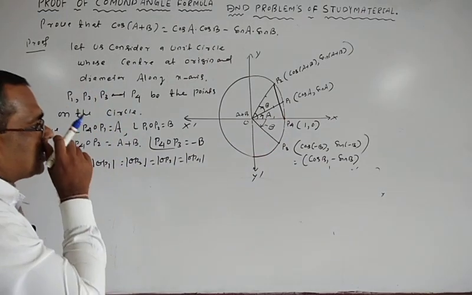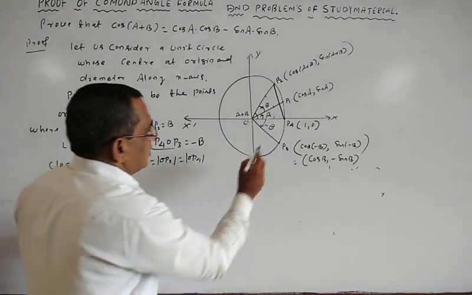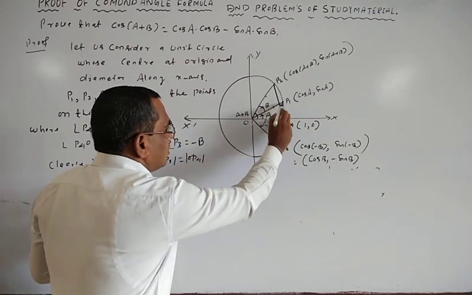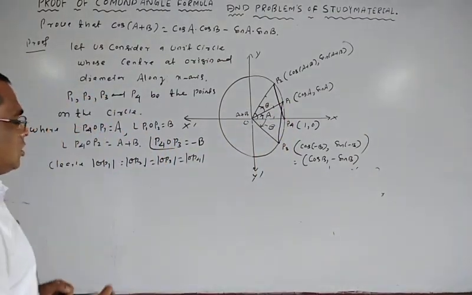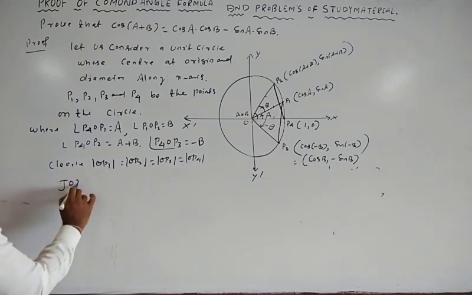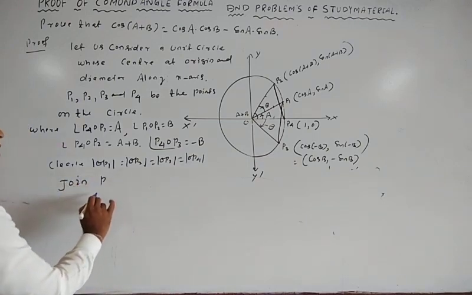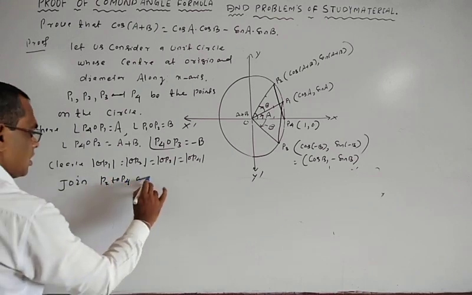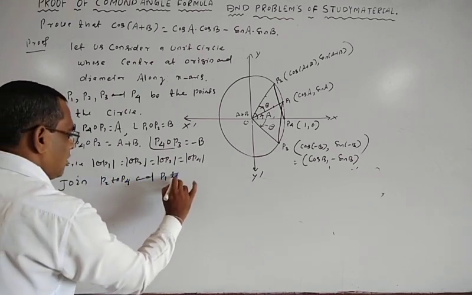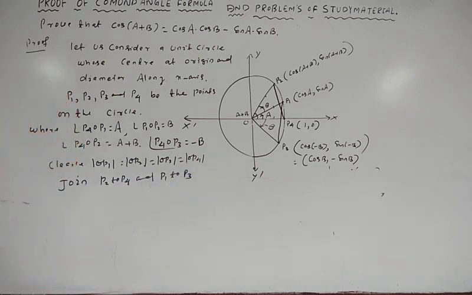Okay, this is a triangle. Now we join this point P1 to P3. So we join P2 to P4 and P1 to P3.